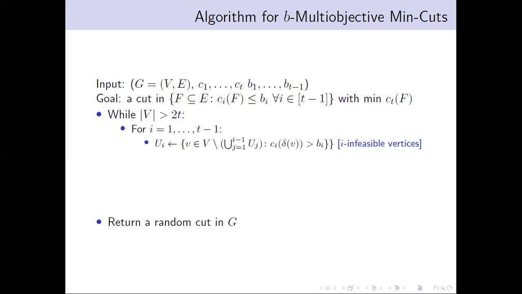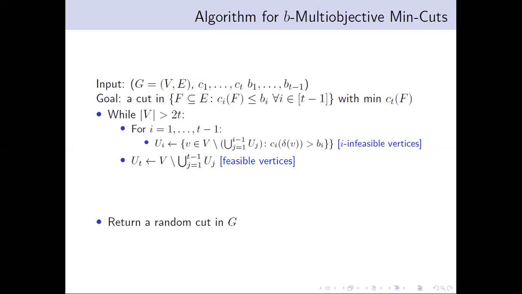In order to choose which edge to contract, we define sets Ui, where Ui is all of the i-infeasible vertices. That is, vertices that satisfy the first i minus 1 budgets, but violate the ith budget with the single vertex cuts they induce.